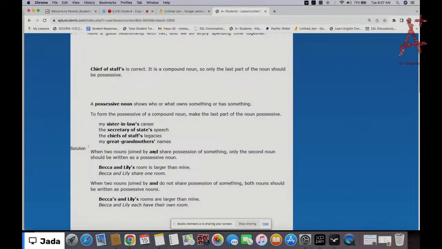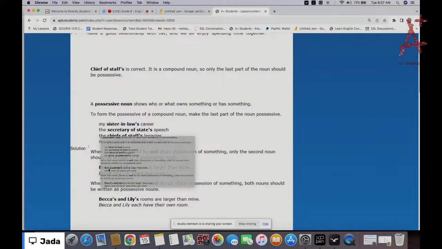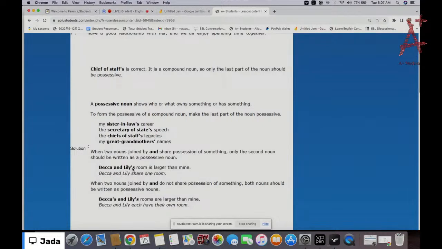That's what we're doing over here. That's why it's Becca and Lily's room. You cannot say Becca and Lily share one room, but Becca and Lily's room is larger than mine makes sense because you made the last noun possessive.